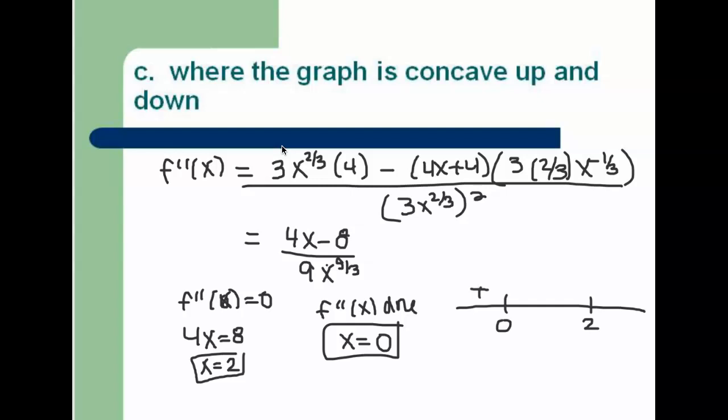So it goes positive, negative, positive, which tells me the graph is concave up, concave down, concave up, which means that 0 and 2 are both points of inflection.